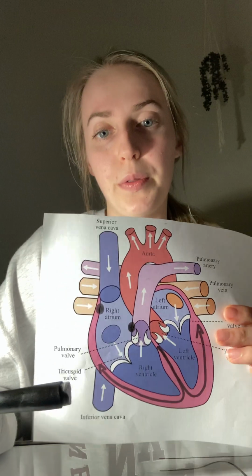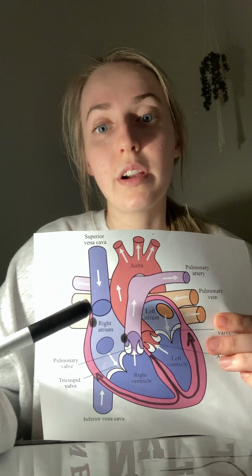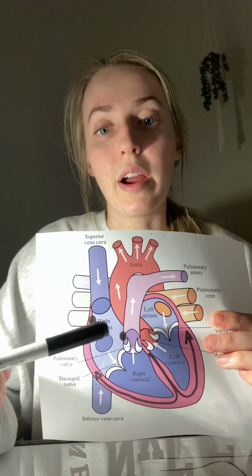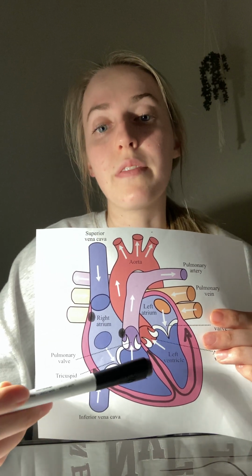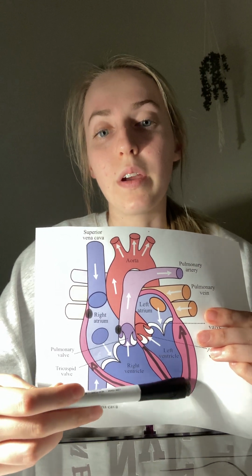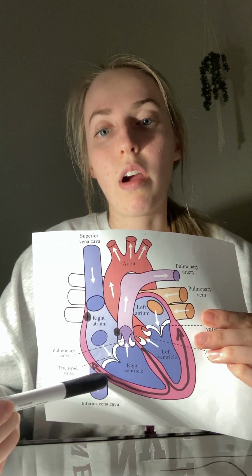So let's run through this. Electrical signaling starts in our SA node. It goes to our AV node, it goes to our left and right bundle branches, and then it goes out and around to our Purkinje fibers.